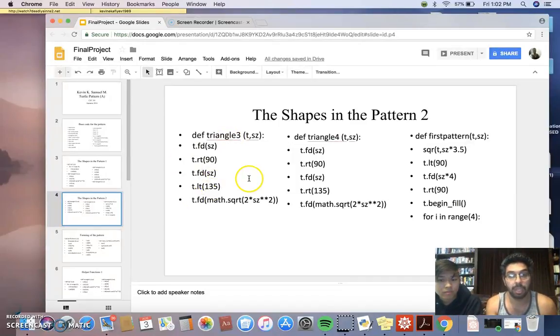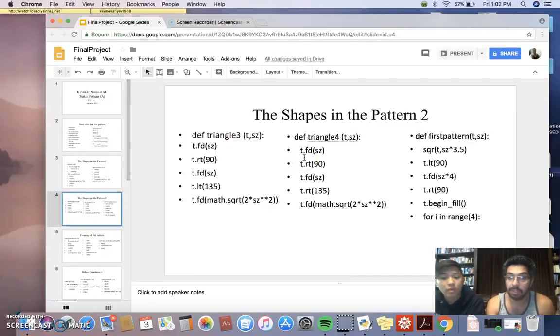And so the triangles are going to be rotated on the outside; when they make a right or left turn, we're counting the outside angle. So that's why you see a 90-degree angle here and then a 135-degree angle here. And then the forward is going to be the size of their movement, the distance from start to finish. And that's going to be on all of our triangles.